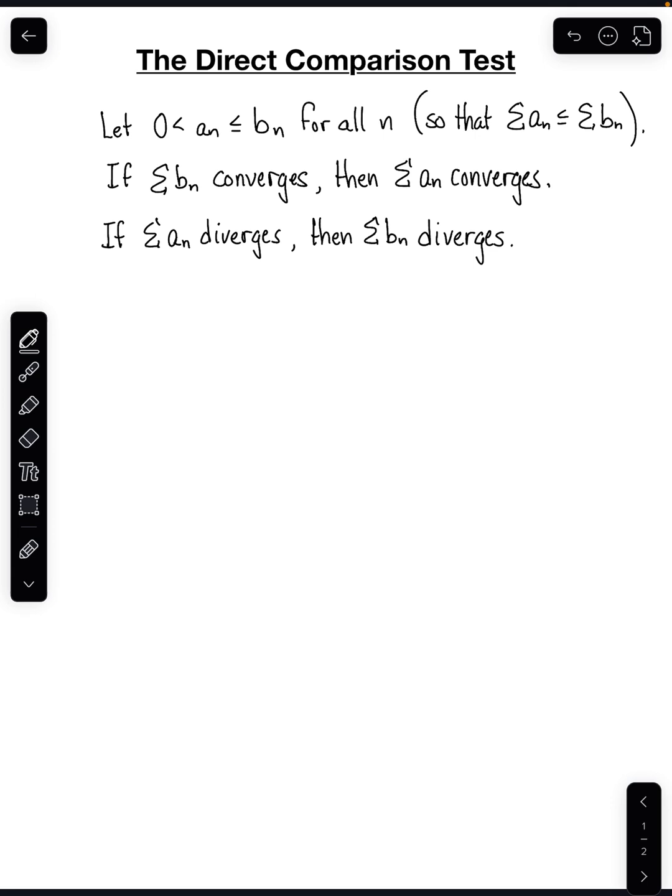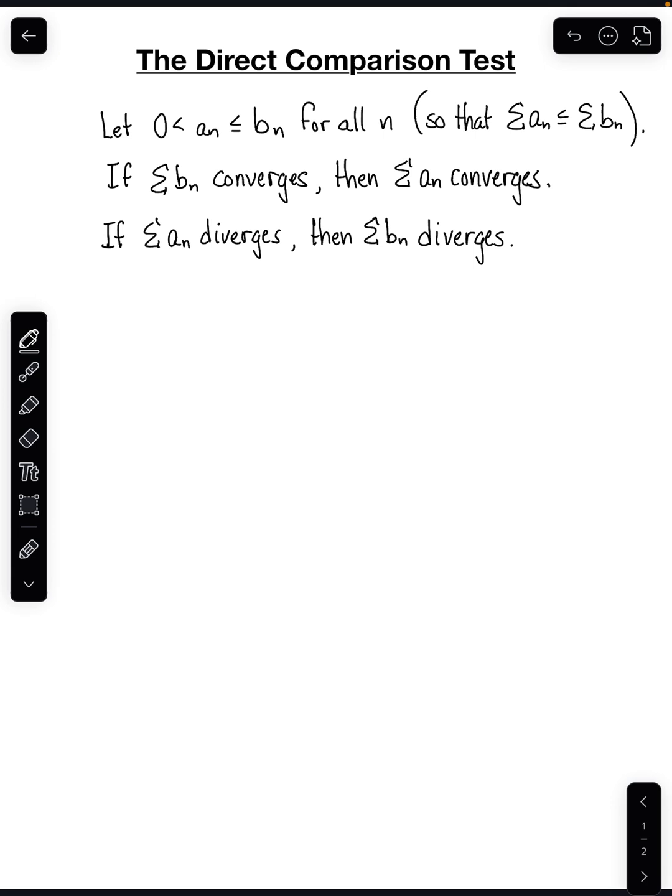If the smaller series is convergent, then it does not provide any conclusion about the larger series. So it is limited. We have to be very careful in the choice of our comparison series. It has to be either bigger or smaller, and therefore has to have a specific relationship as far as whether it is convergent or divergent.